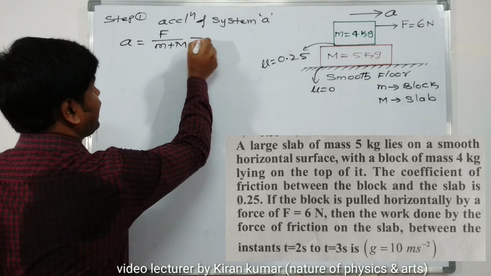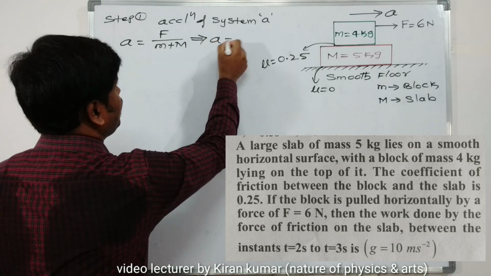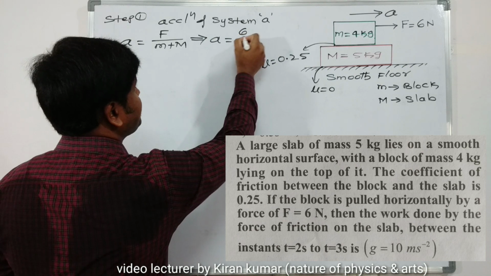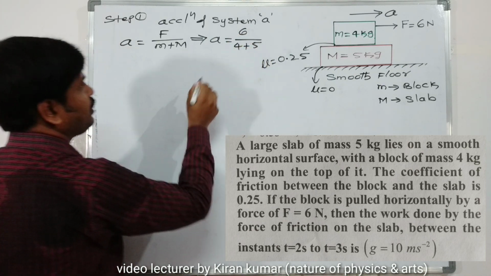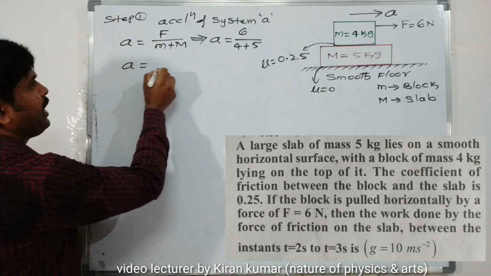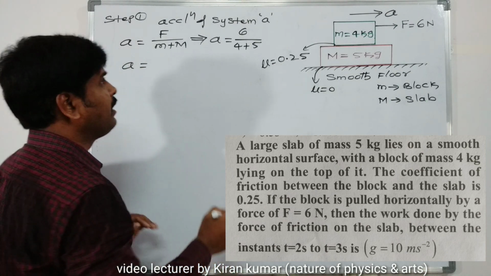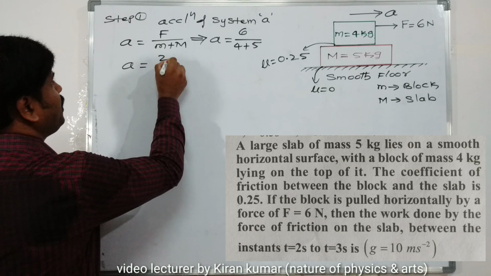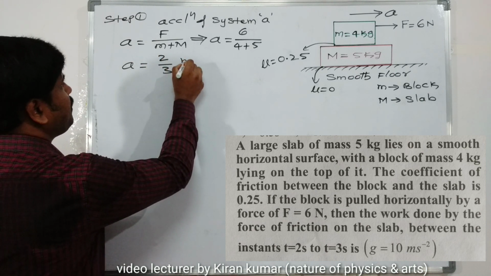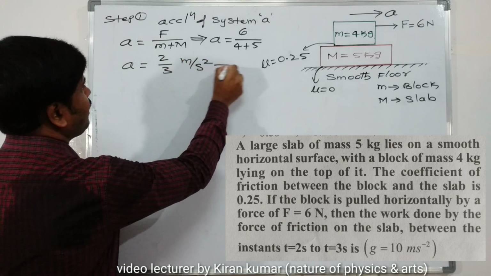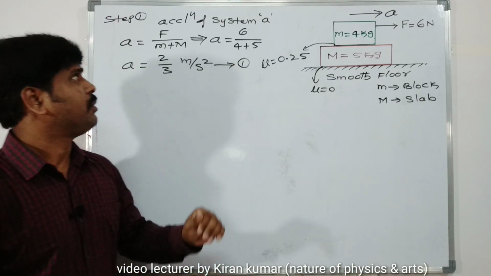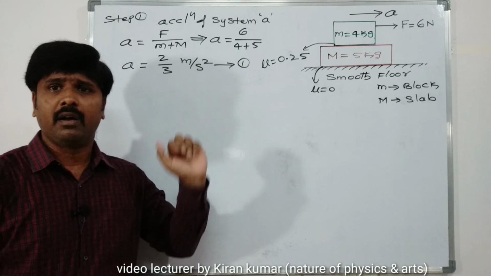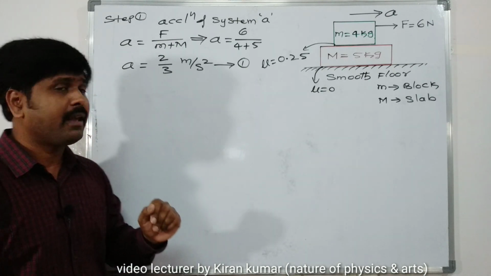So a is equal to the force, 6 newtons, divided by the mass, 4 plus 5. Then acceleration is equal to 6 by 9, that is 2 divided by 3 meter per second square. This is equation number 1.